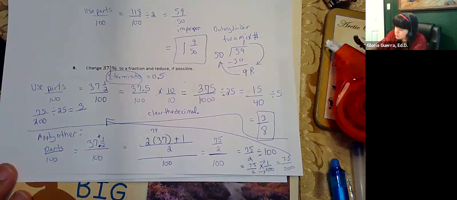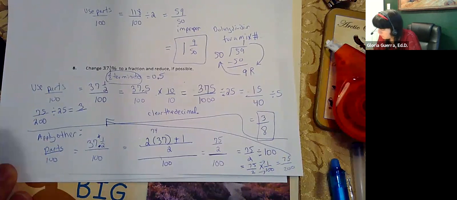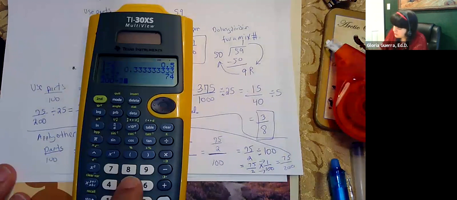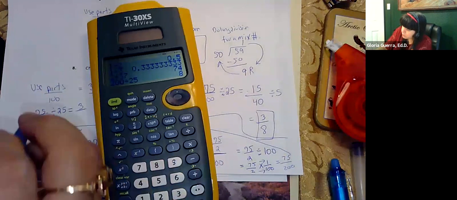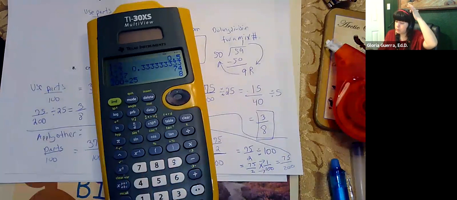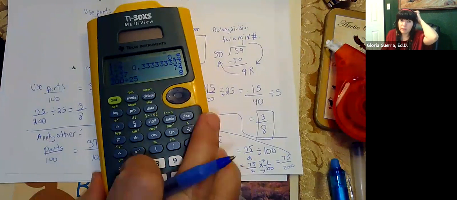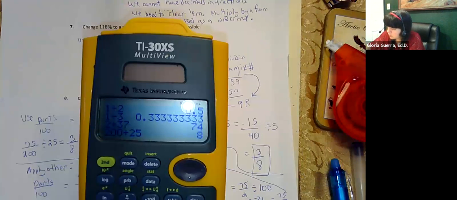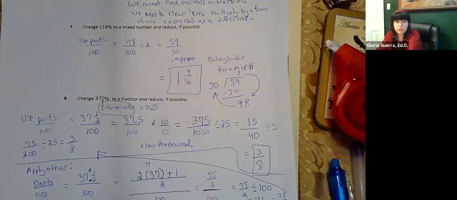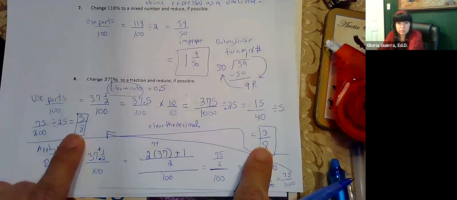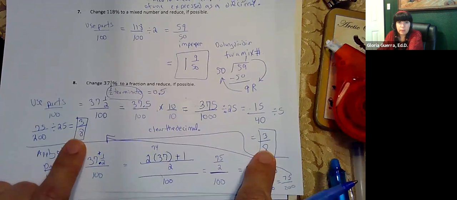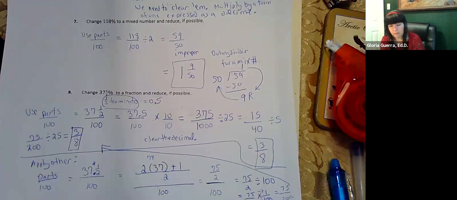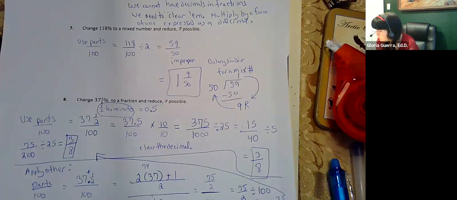So let's see what 200 divided by 25 is. 200 divided by 25 is 8. Okay. So that gives us 3/8, which should be the same because they're supposed to be the same, right? I'm just doing them with different methods. Okay. All right.